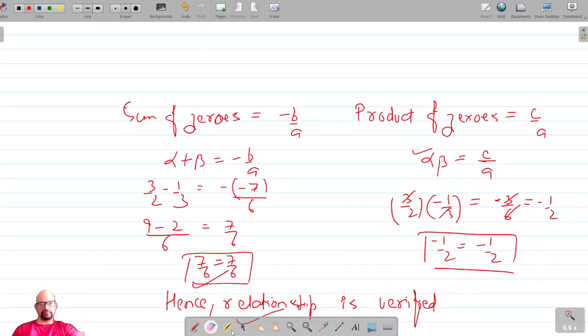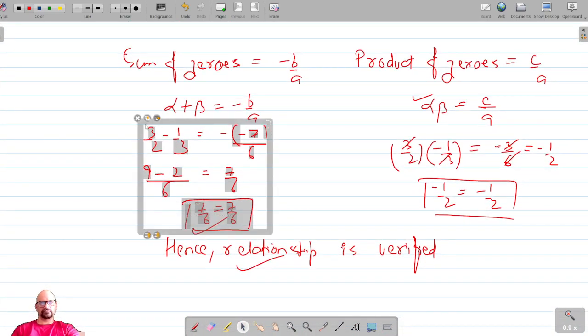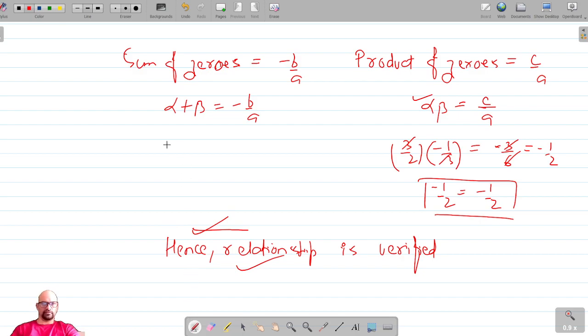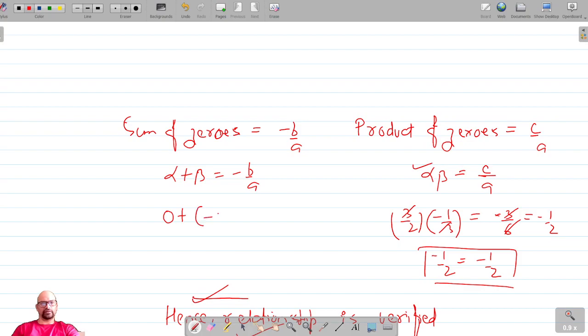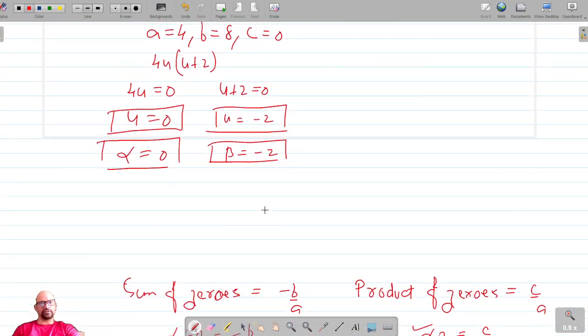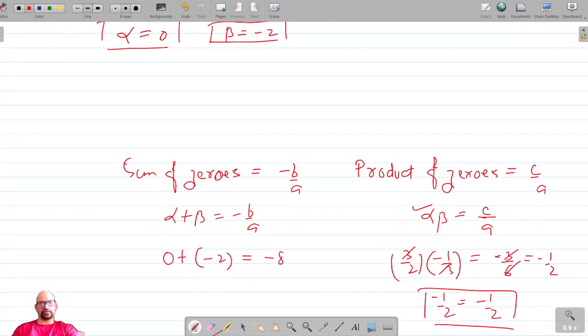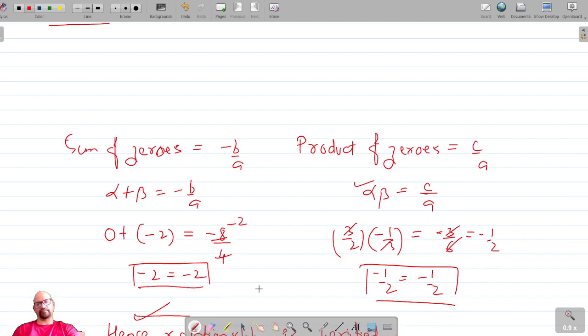And let's verify the relationship. So the sum of the zeros: alpha is 0 and beta is negative 2. So that is negative b by a, where b is 8 and a is 4. So negative 2 is equal to negative 2.